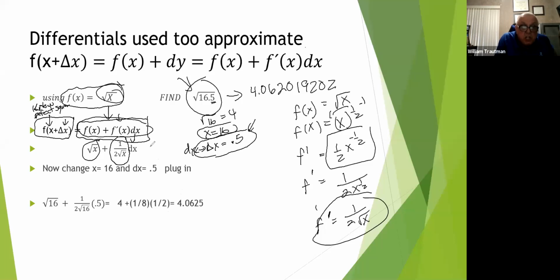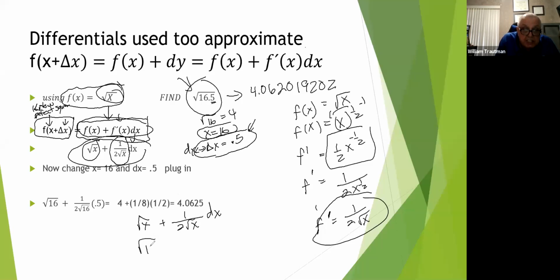Here's the function, so we change everything to here. And we have the square root of x plus 1 over 2 square root of x times dx.